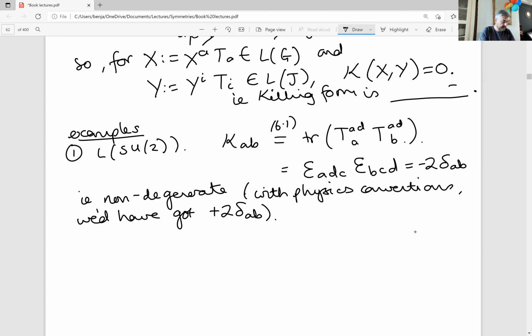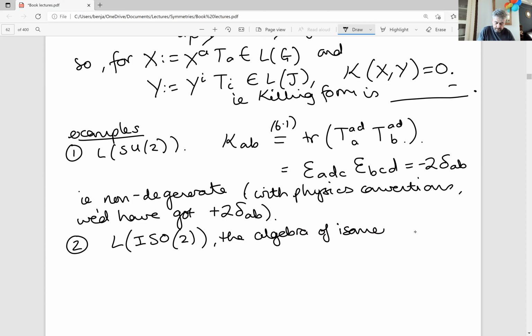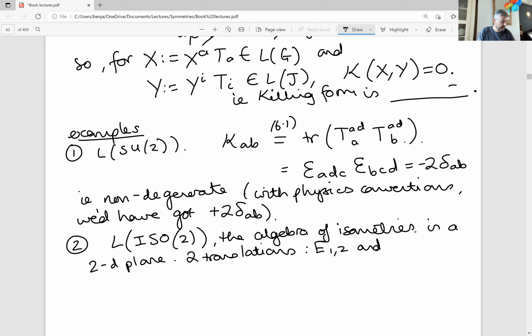For a degenerate example, let's take the Lie algebra of the isometries of a two-dimensional plane. So we have two translations, and there the algebra elements are E1 and E2, and we have a rotation.